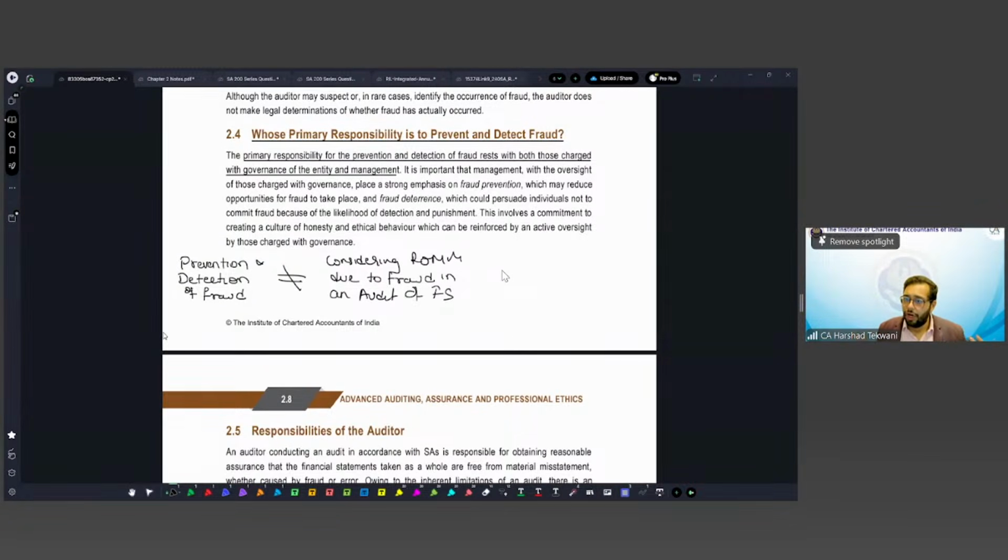When we are talking about audit of FS, considering risk of material misstatement due to fraud is something different than the prevention and detection of fraud, because prevention and detection is the responsibility of management. Considering the risk of material misstatement is the responsibility of the auditor, and both are different. Clear?